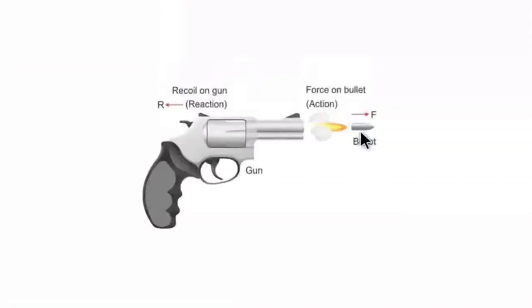So when the mass is less, the acceleration will be huge, and when the mass is increased, the acceleration decreases. So because of the less mass, the bullet is fired with huge acceleration, whereas the gun recoils back with very less acceleration. But the amount of force in both the cases is the same.